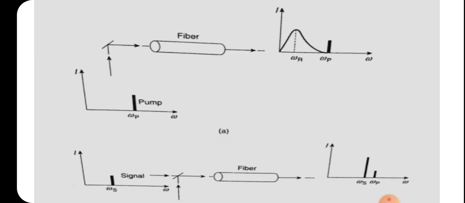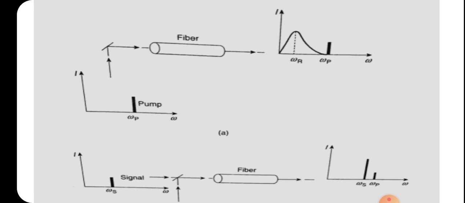The experimental setup is not shown here, but the pump hits a prism, which gives the optical signals to the fiber, and the output of the fiber is shown on the rightmost side. Along with the pump signal there is another frequency distribution at omega r, which is a lesser frequency.